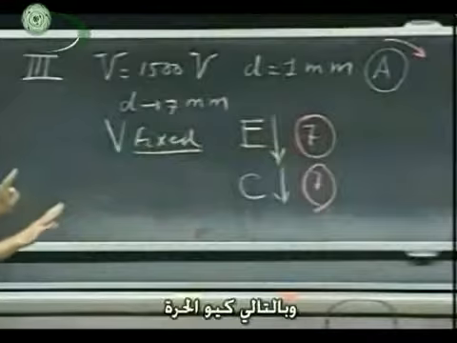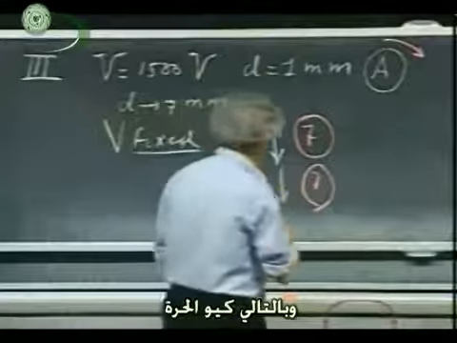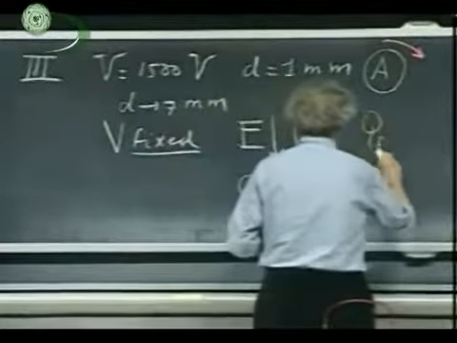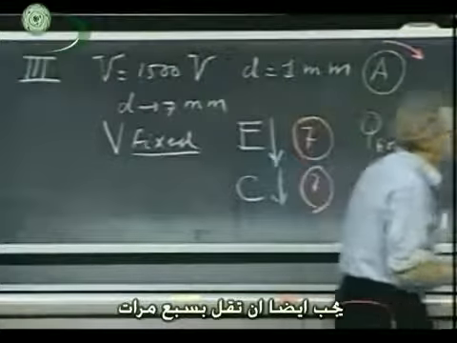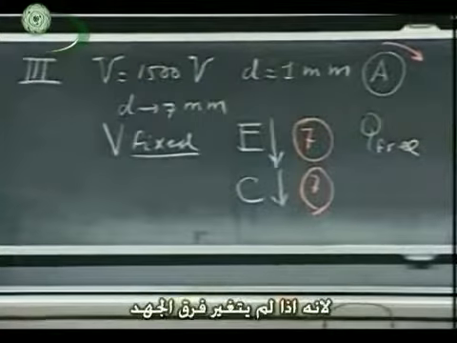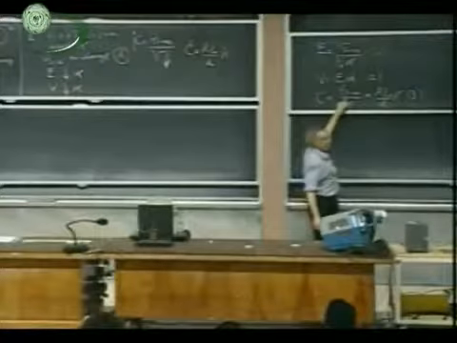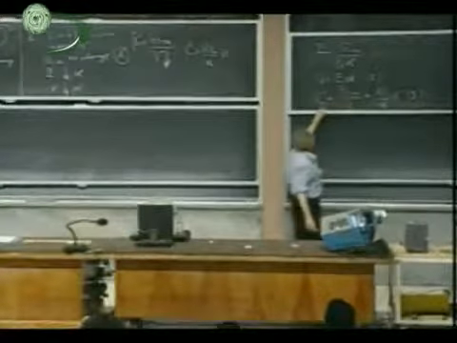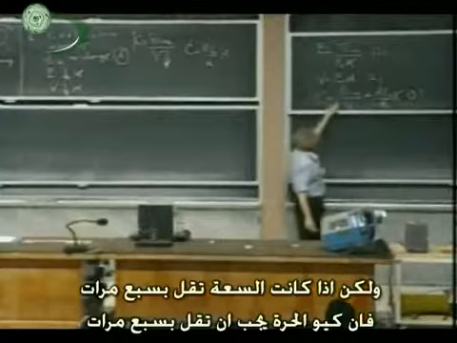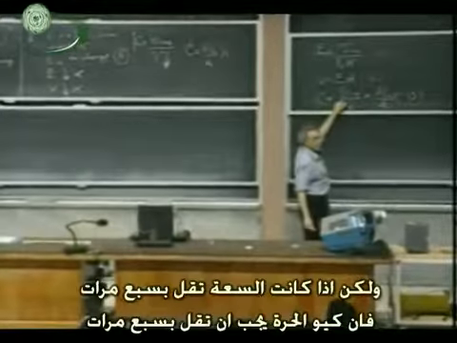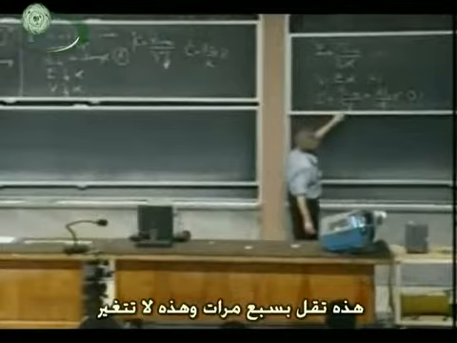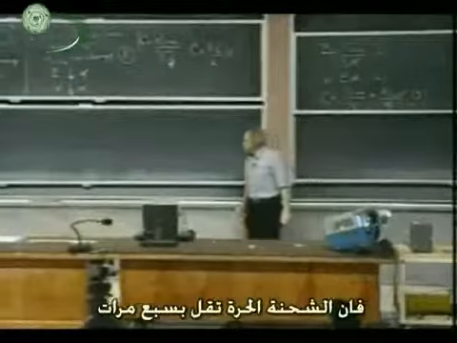Nothing. And so Q3 must now also go down by a factor of 7, because if the potential difference doesn't change, but C goes down by a factor of 7, Q3 must go down by a factor of 7. This goes down by a factor of 7, this doesn't change. So the free charge goes down by a factor of 7.